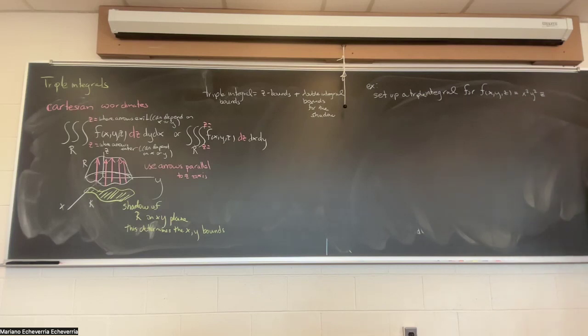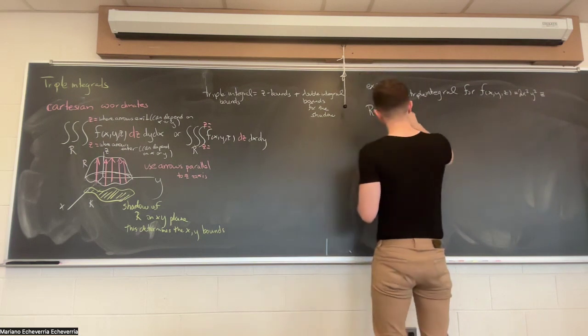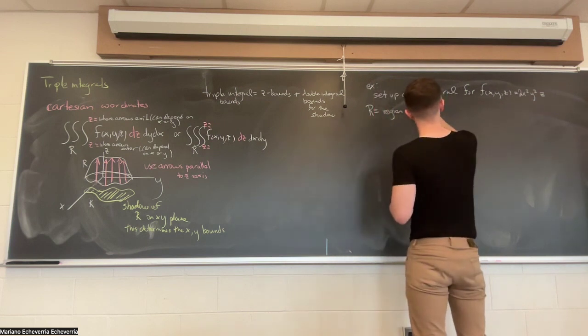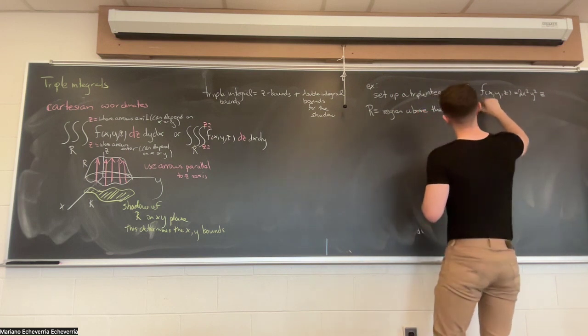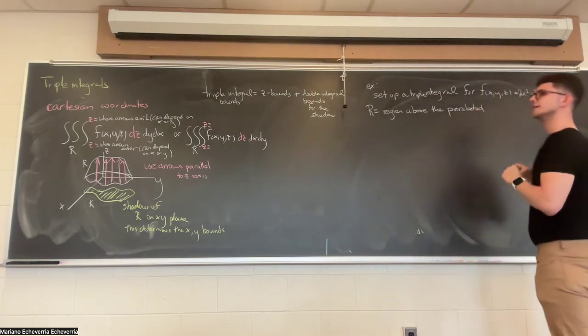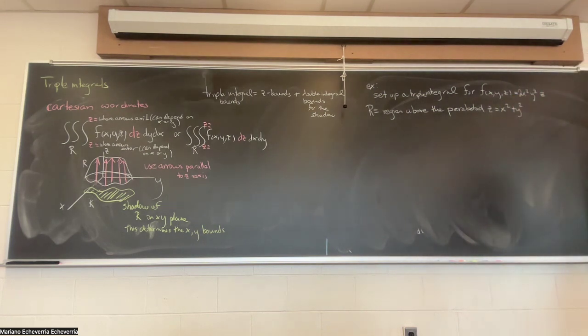So let's say the function is x squared y squared times z, or in fact, let me put a 2 in front of everything. And R is the really important thing. R is going to be the region above the paraboloid. I'm writing it in a way that's similar to how it would be given to you, so you would be told, okay, this is a paraboloid, and below the plane.